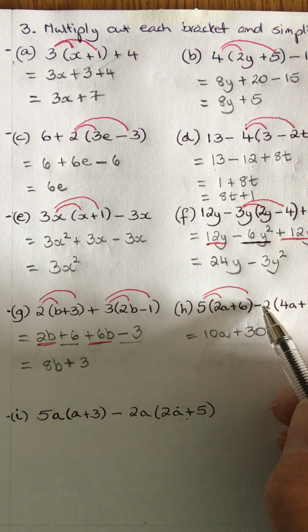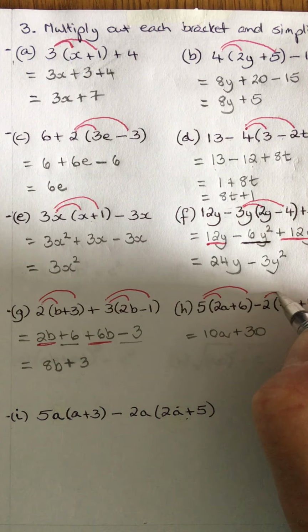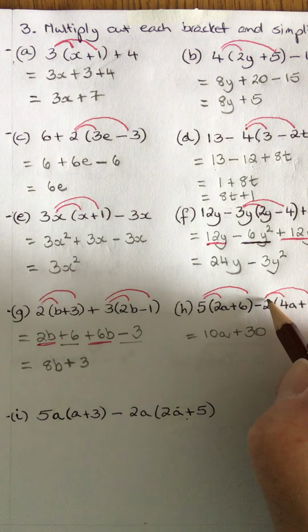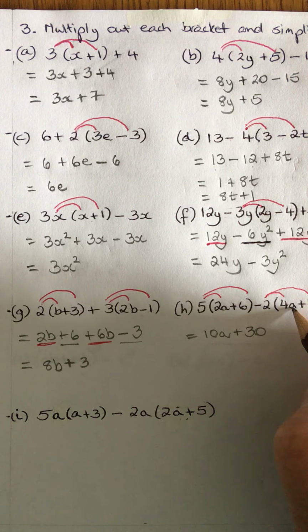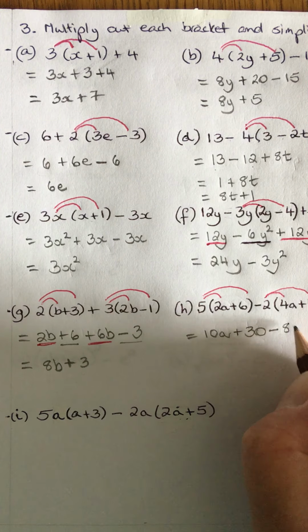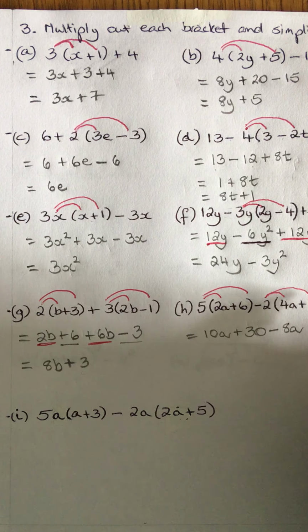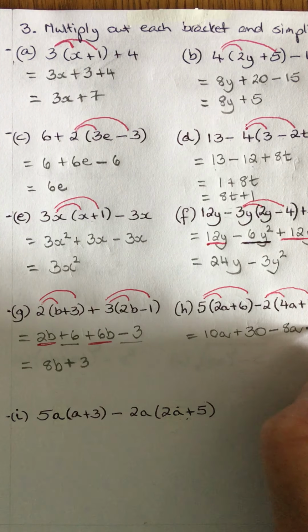So you need to remember when you're multiplying out the bracket that that's got a negative in front of it. So we'll do that, then that. So negative 2 times 4a, negative 2 times 4 is negative 8a. Negative 2 times 15. Negative times a positive, so that becomes a minus. 2 times 15 is 30.